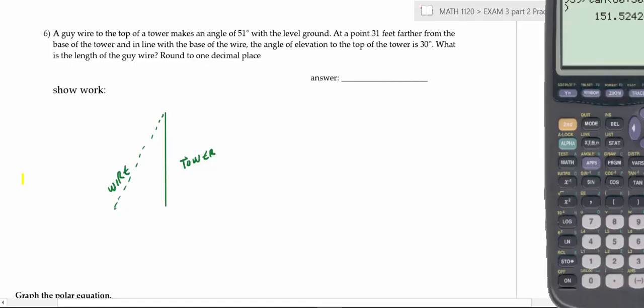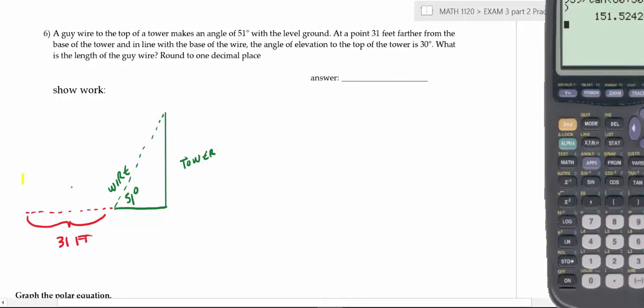And what it's saying is that it is making an angle of 51 degrees with level ground. Okay, so that's what I'm assuming that's going to be. Then we're going to go 31 feet further back. So we're going to go backwards a little bit. That distance right there is going to be 31 feet further back.